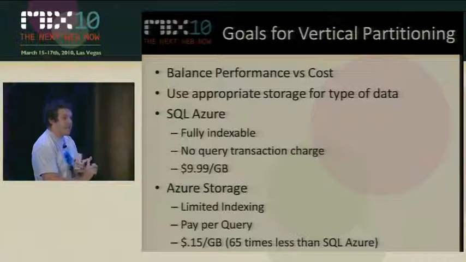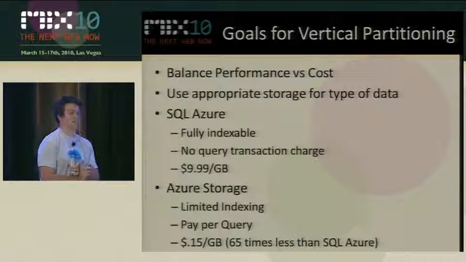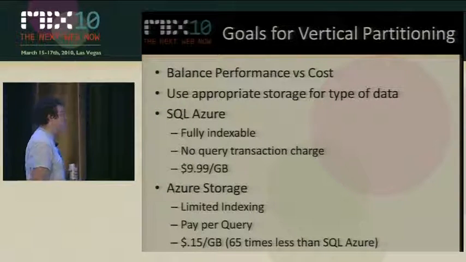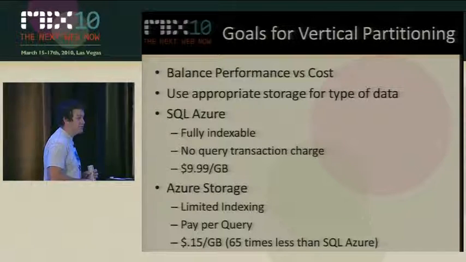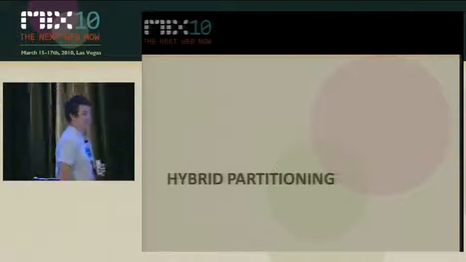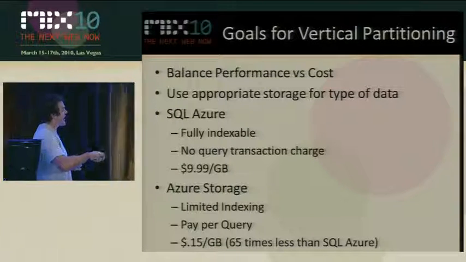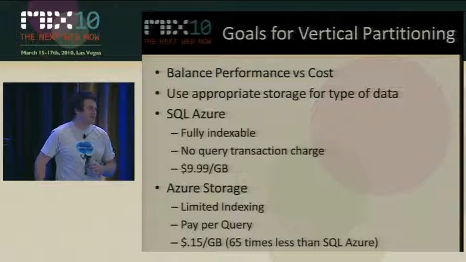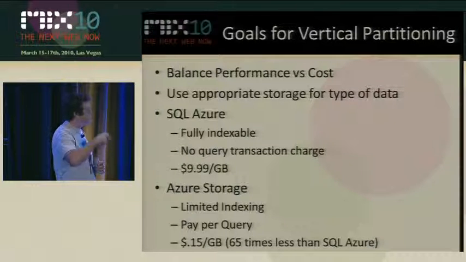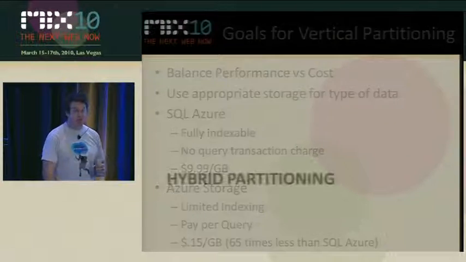We pay a charge every time we query it. It's small, but we pay a charge every time we query it. And it costs us 15 cents a gig, or some 65 times less than SQL Azure. You are going to see some counterintuitive things shortly, right, that will make you really scratch your head about exactly when you choose each of these.